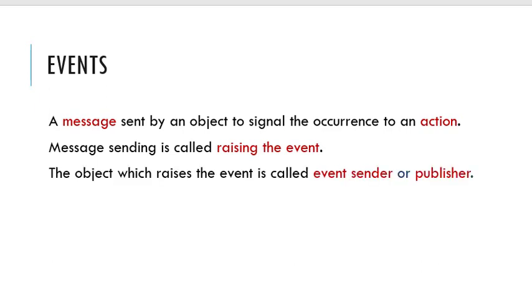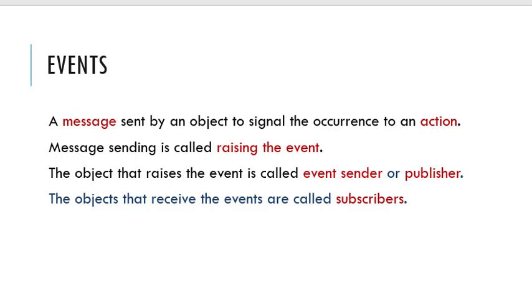The object that raises the event is called the event sender or publisher. The event is typically a member of the event sender. For example, the click event is a member of the button class. The event sender does not know which object or method will receive or handle the events it raises. The objects that receive the events are called subscribers.